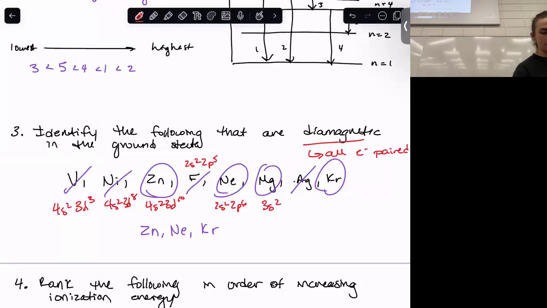That's all paired. Gold is 4s1, 3d10. We still have that unpaired one from our 4s orbitals. That one's going to be paramagnetic. Barely, but it is. And then krypton is a noble gas. And so what is that one? That's all paired, so that one counts there.